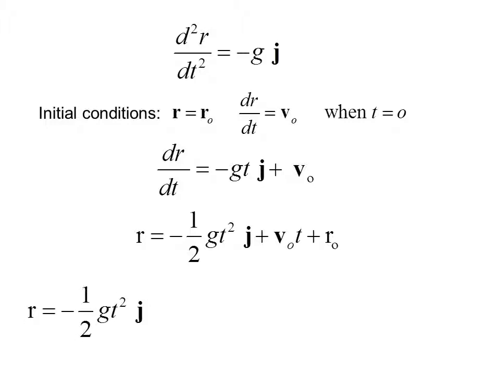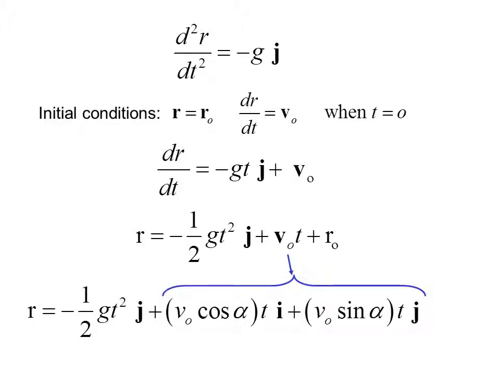Expanding, we have r equals negative 1/2 gt squared j, and we separate the velocity vector into horizontal and vertical components, getting plus v sub 0 cosine alpha ti plus v sub 0 sine alpha tj.